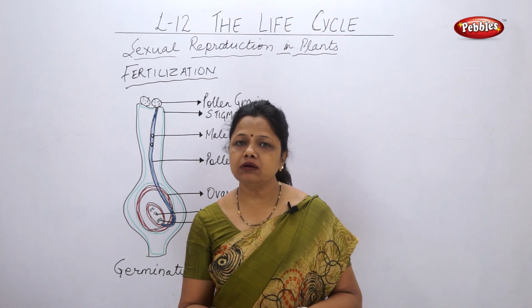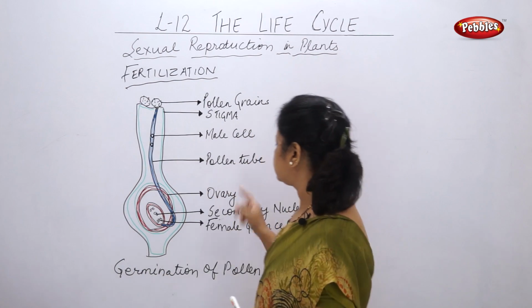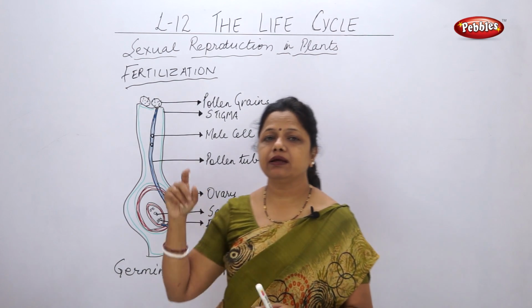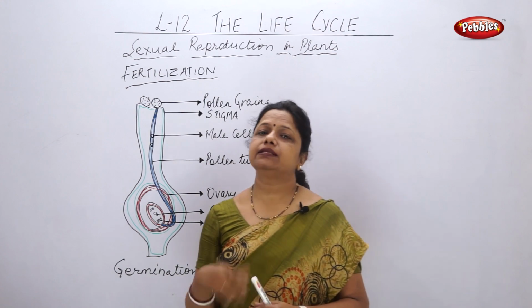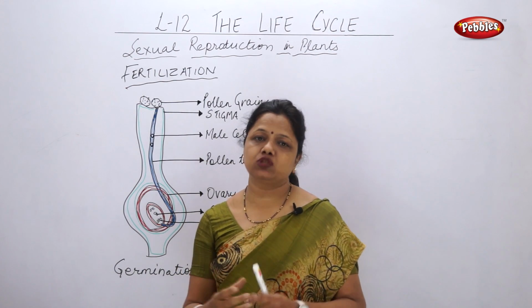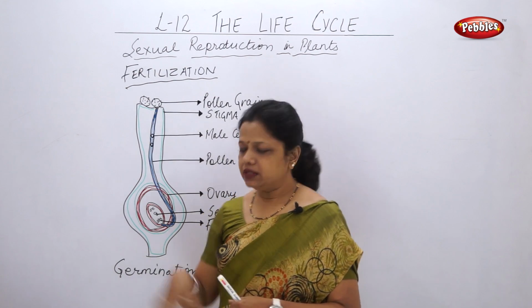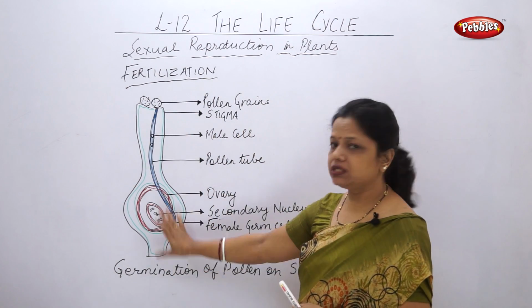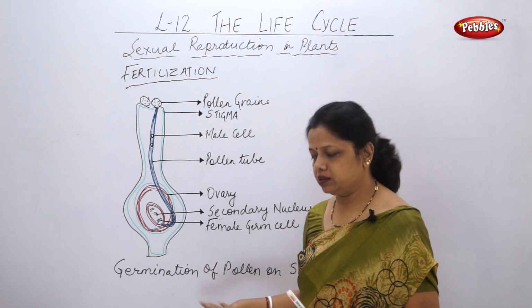Now this zygote, when it develops, forms an embryo, and the endosperm is actually the nutrition for the developing embryo. This is how fertilization takes place after the germination of pollen grains on the stigma.